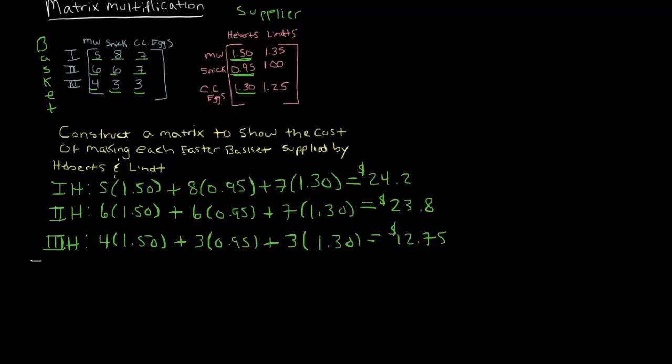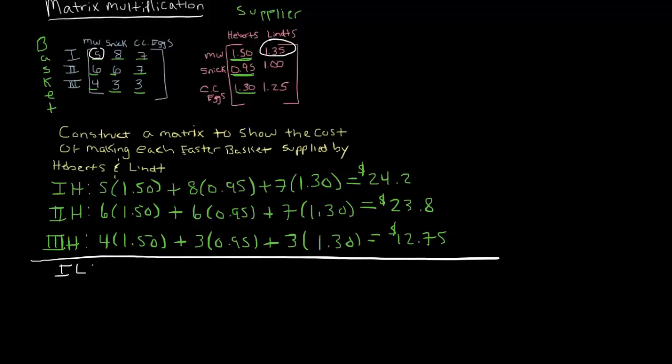What would we do if we wanted to figure out the cost of going to Lintz? Well, basket 1 from Lintz has 5 Milky Ways, $1.35 at Lintz, so that would be 5 times $1.35.